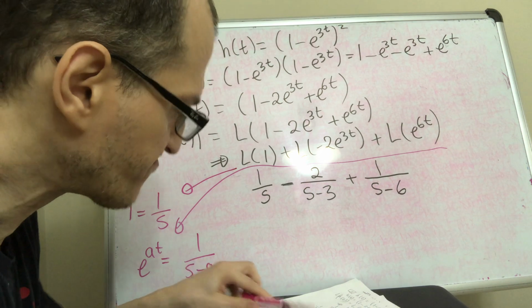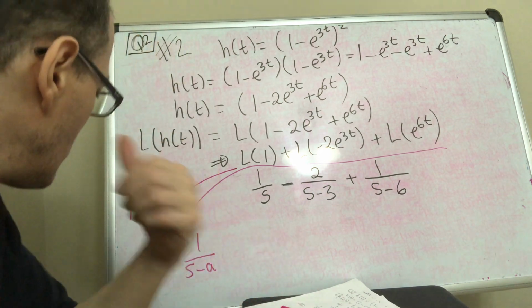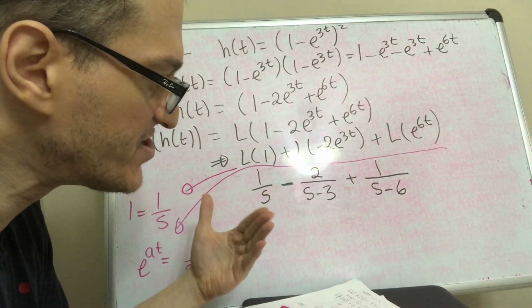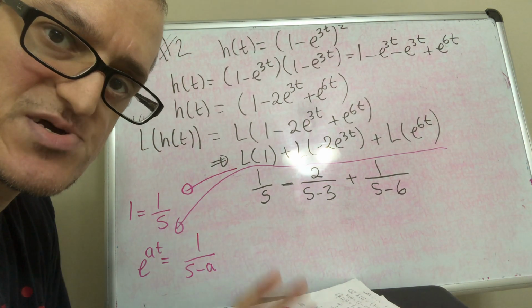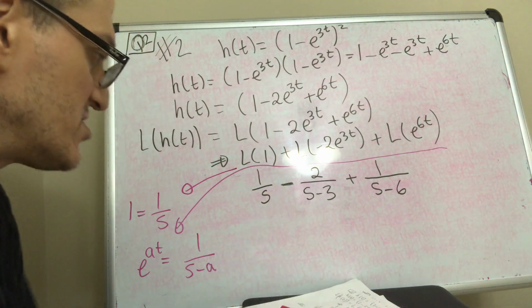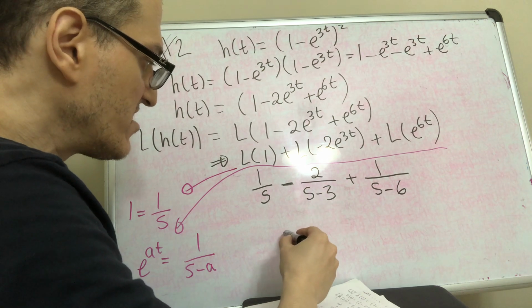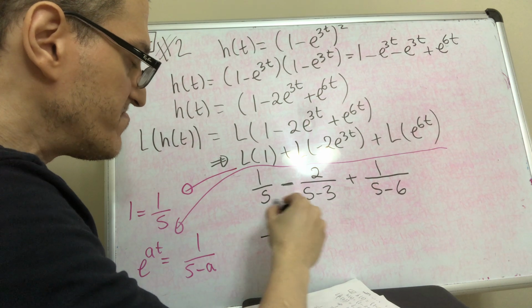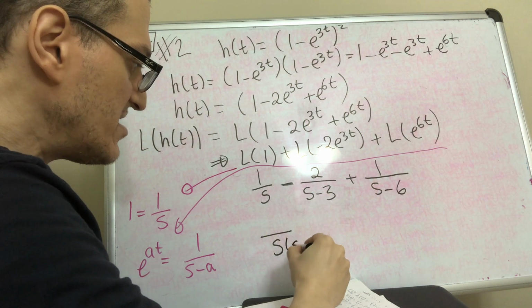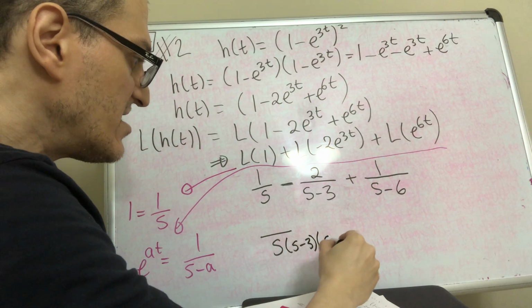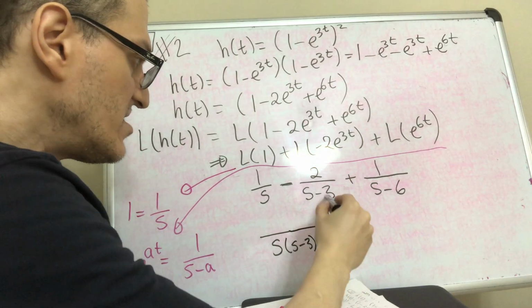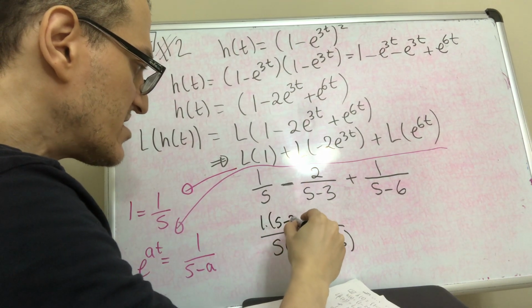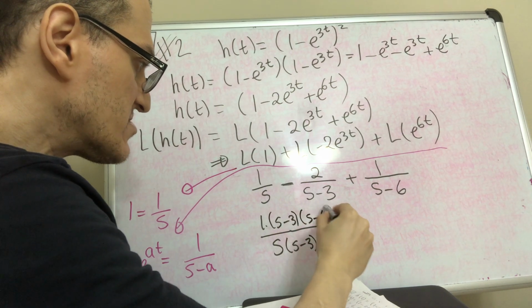Now, I don't know what Diego wants, but usually, when it's something like this, we prefer if you find a common denominator and represent it as one function. So, to do the common denominator, you can take this denominator here. You need to multiply it by s minus 3 and s minus 6, and therefore you have to multiply the top by also s minus 3, s minus 6.